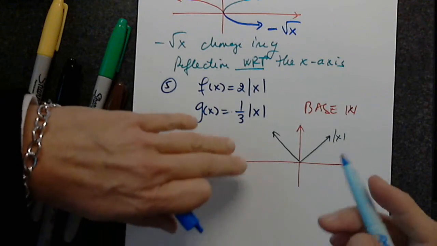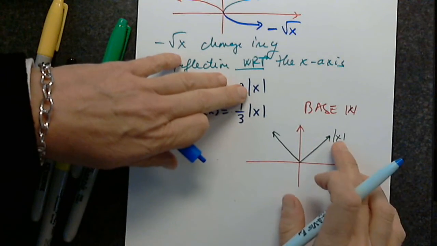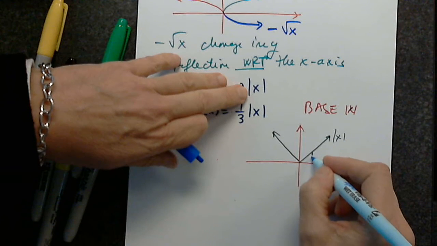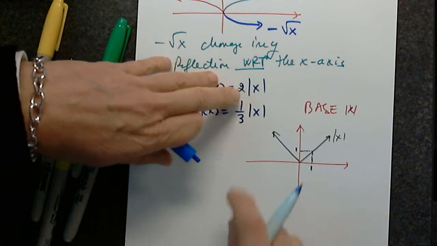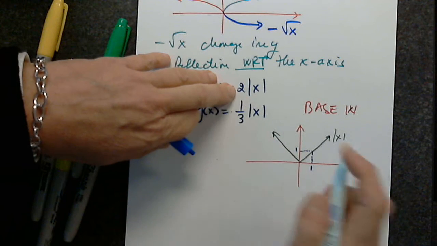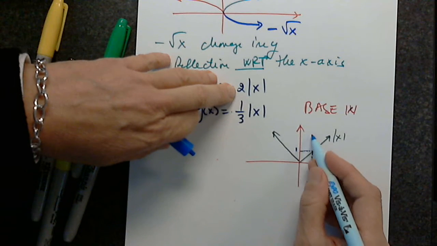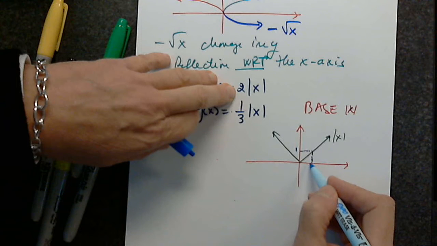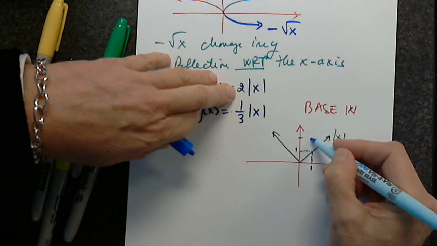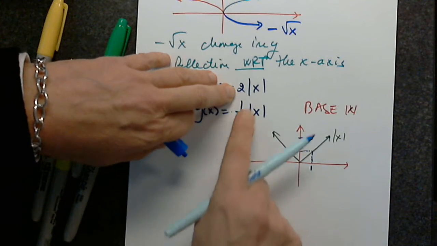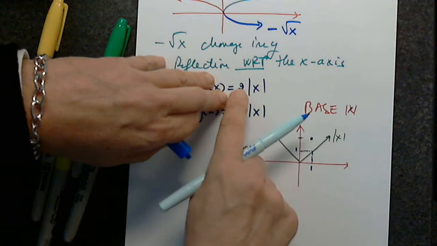Let's say for x equals 1 here, I hope you agree it will be this value, 1, correct? But what if I have a 2 in front? Where will this point go? Will it go up or will it go down? Up. In other words, it will go to 2, correct? So when x is 1, the y value is 2 for this.